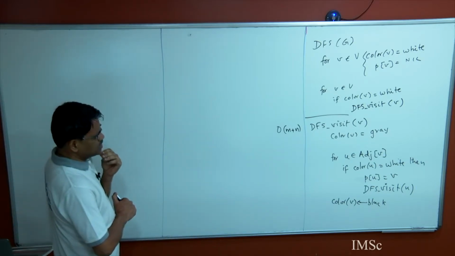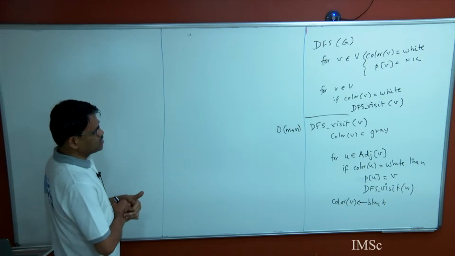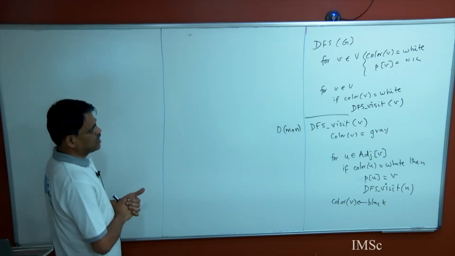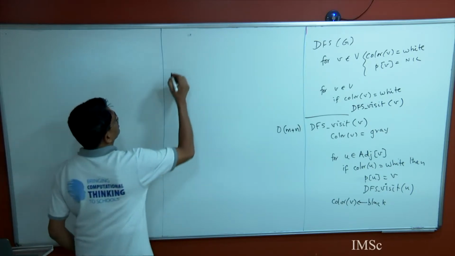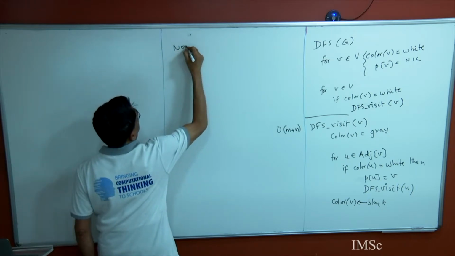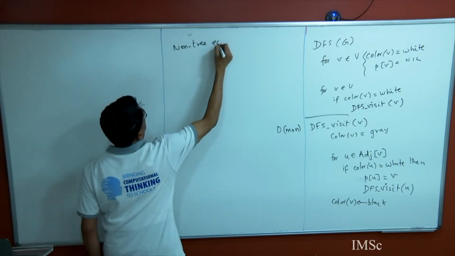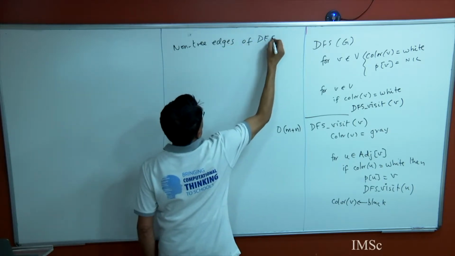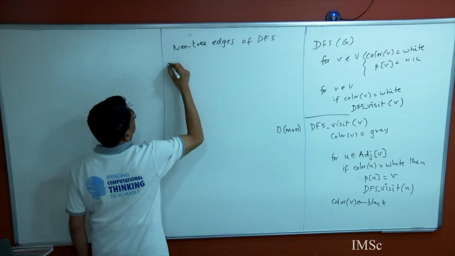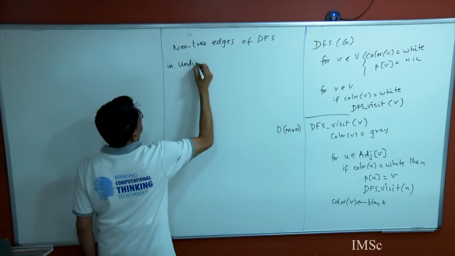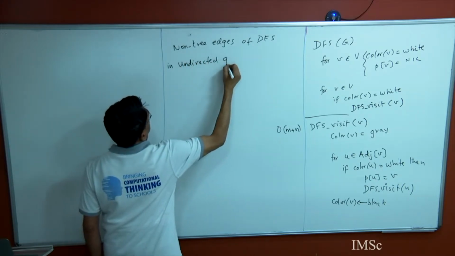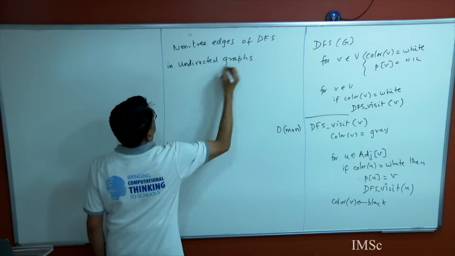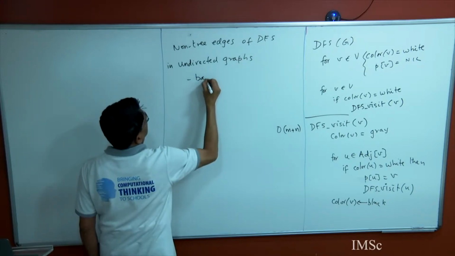And we looked at how the non-tree edges of DFS are. In an undirected graph, these are back edges, right?